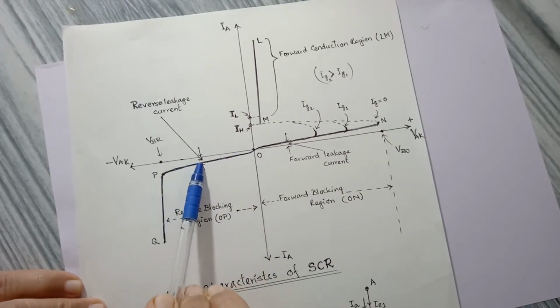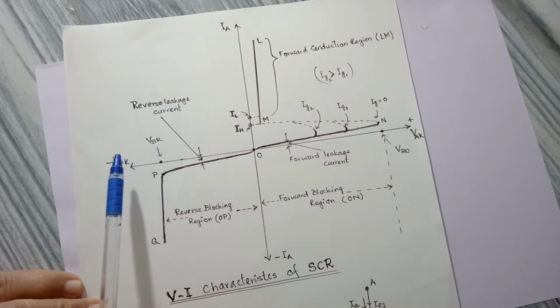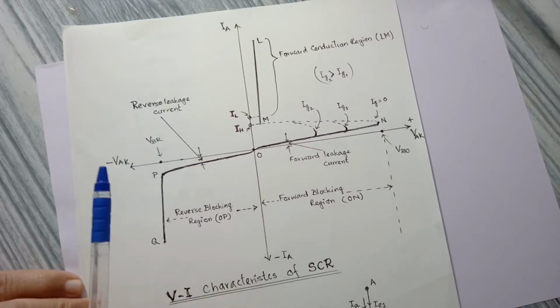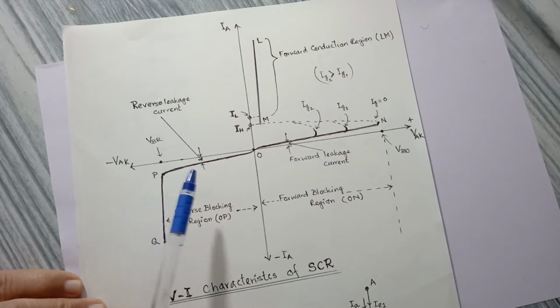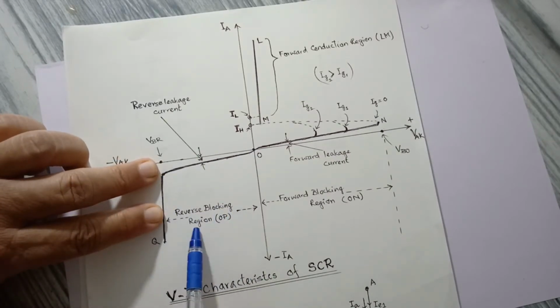It means that only a small reverse leakage current flows, because when the SCR is reverse biased, junctions J1 and J3 are reverse biased and only J2 is forward biased. So as there is no significant current from this point to this point, this is referred to as the reverse blocking region.